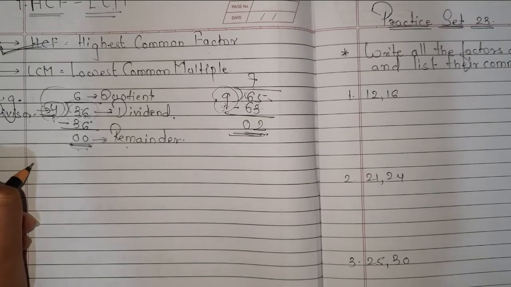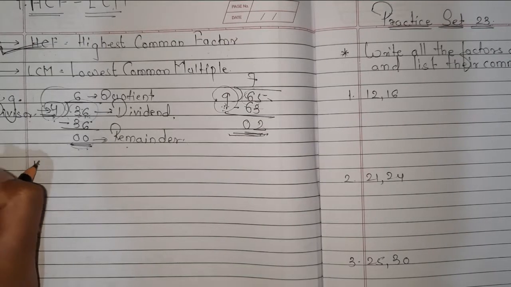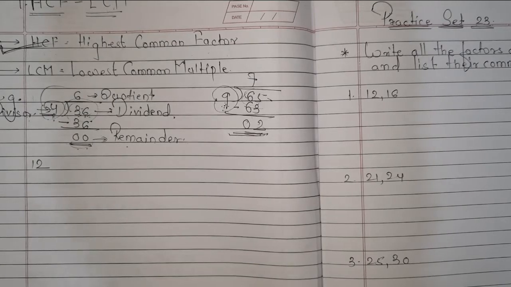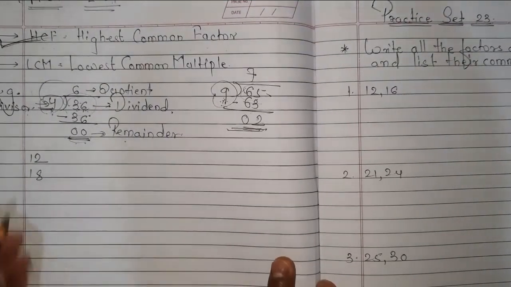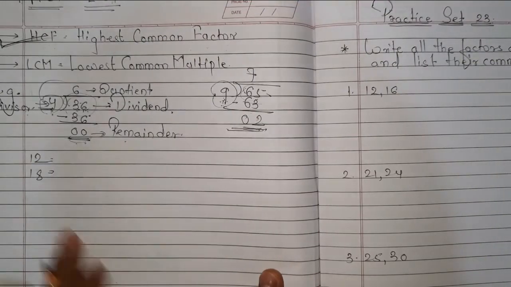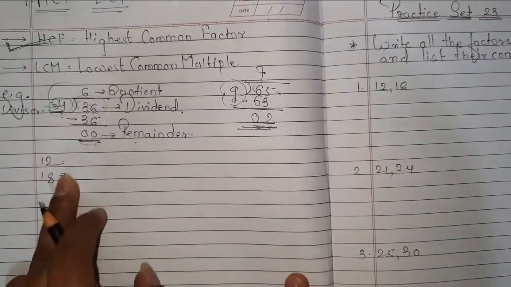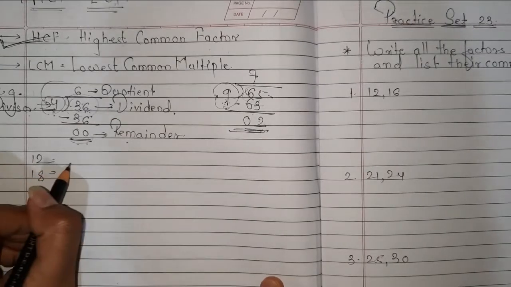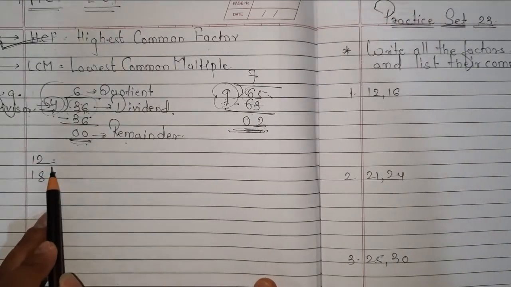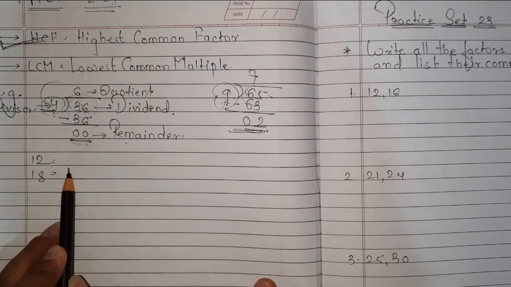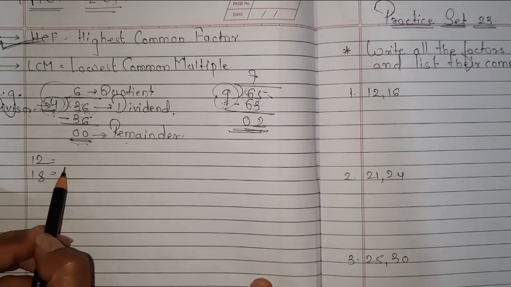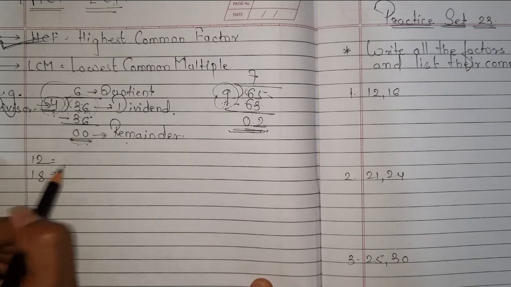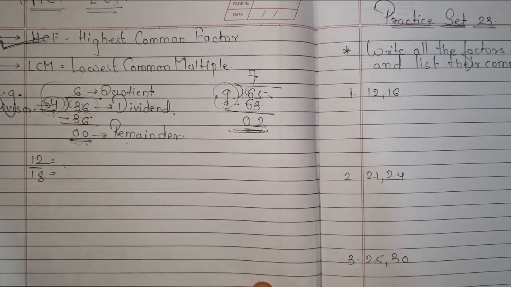Now we will just revise how to write factors. Suppose we take two numbers. Let us take number 12 and number 18. We have to write the factors of both the numbers. Factors means we have to write the numbers in whose table this number comes.